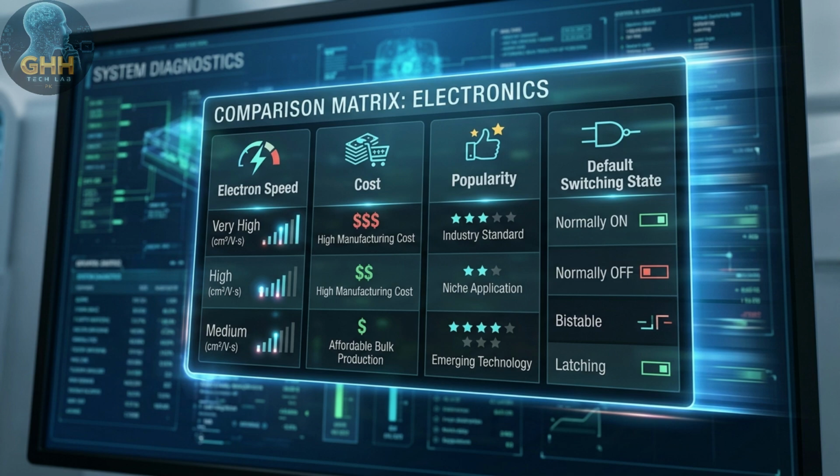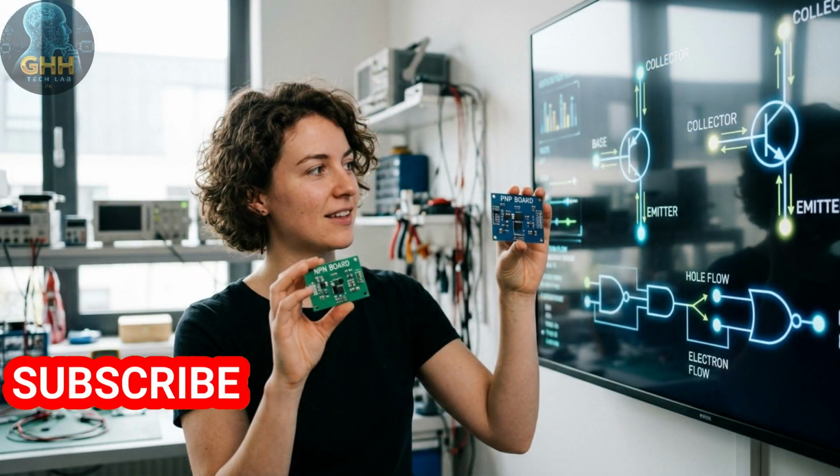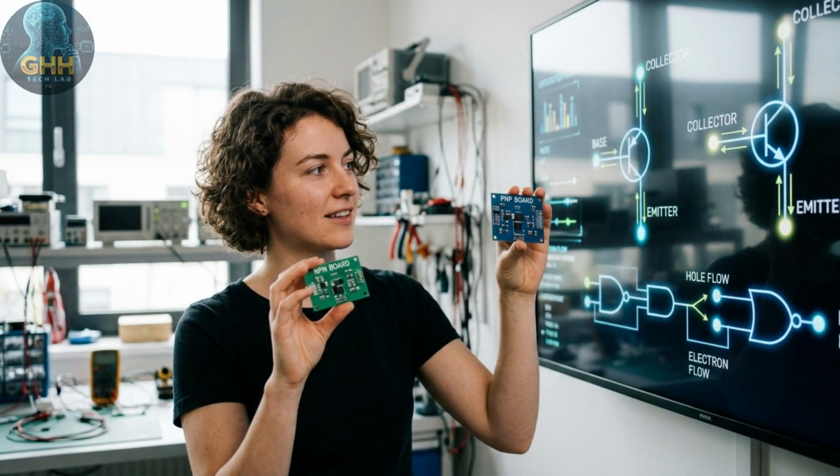Because electrons travel faster through silicon than holes do, NPN transistors switch significantly faster, have lower internal resistance, and are cheaper to manufacture. Use an NPN when you need a simple, fast, low-side ground switch. Reach for a PNP when you absolutely must control the positive power delivery line directly.